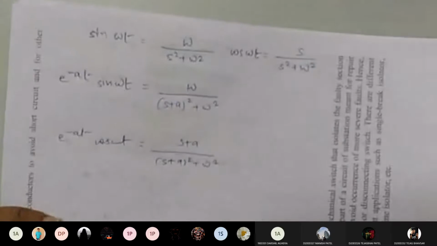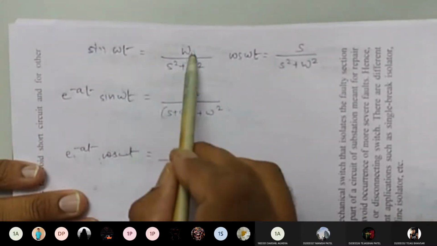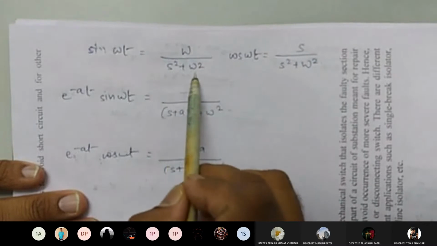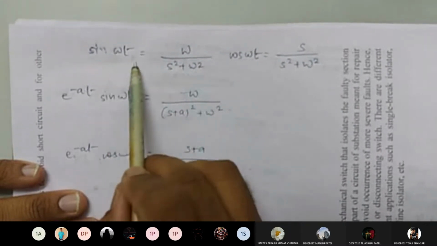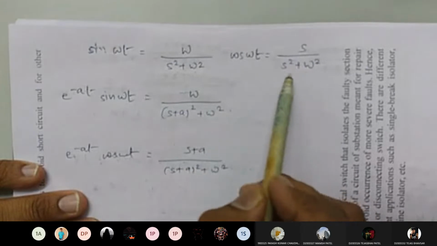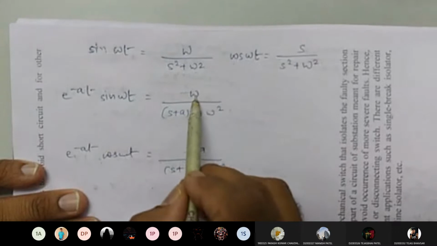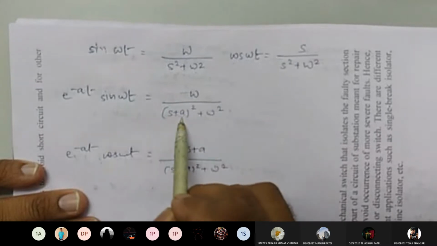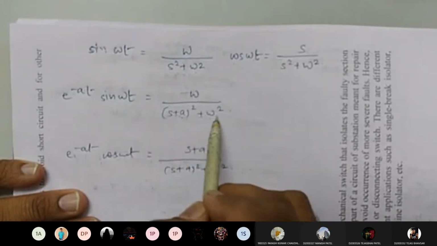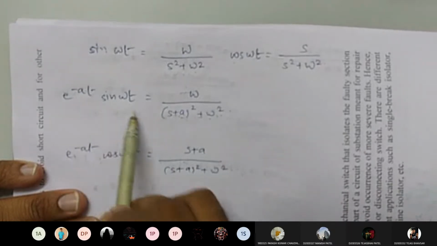Just revising the inverse Laplace formulas: if there is omega upon s square plus omega square, we get the inverse Laplace sin omega t. If it is s upon s square plus omega square, we get cos omega t. If it is omega upon (s plus a) whole square plus omega square, the inverse Laplace of this is nothing but e raised to minus at sin omega t.